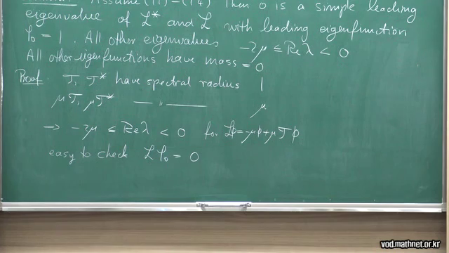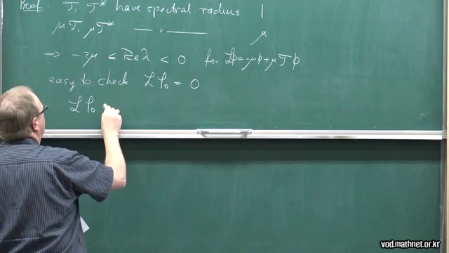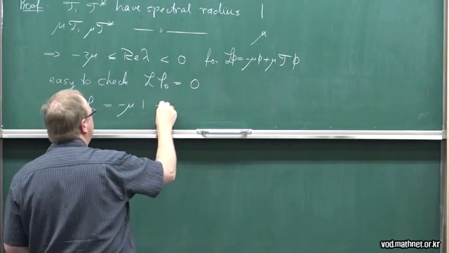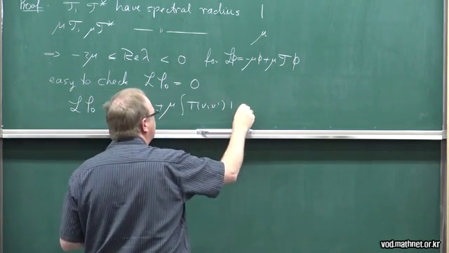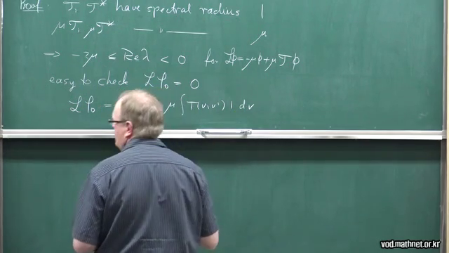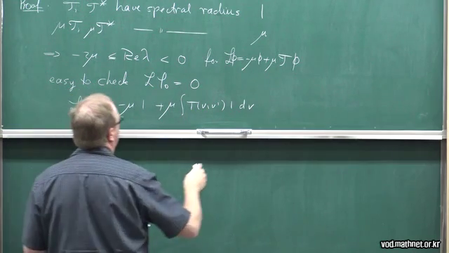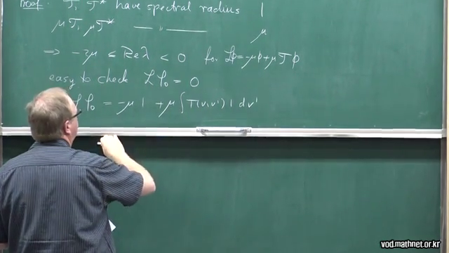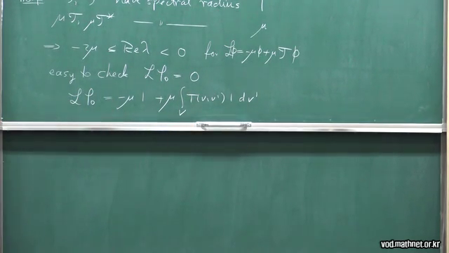Do I want to write this down? Yeah, let's write this down. That helps. So meaning L phi 0 is minus mu times the one function plus mu integral T v prime 1 dv prime. And now I use the condition T4.